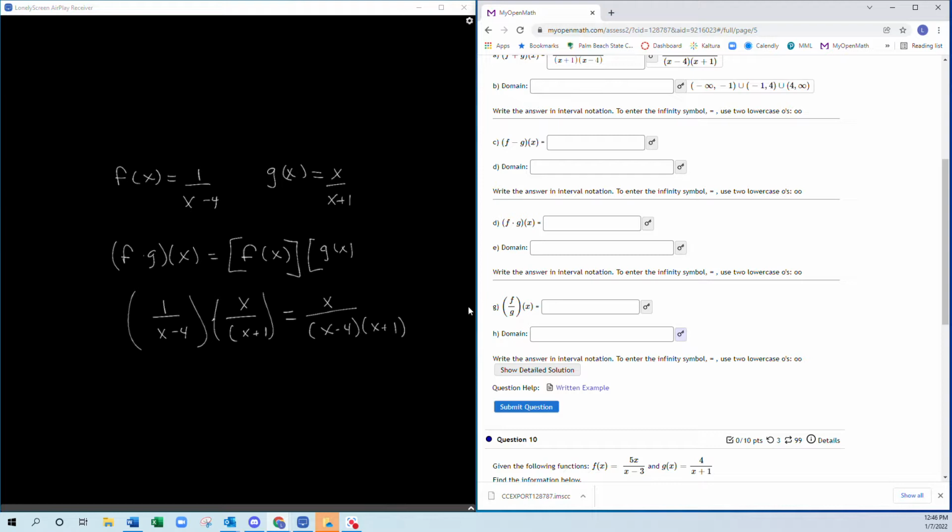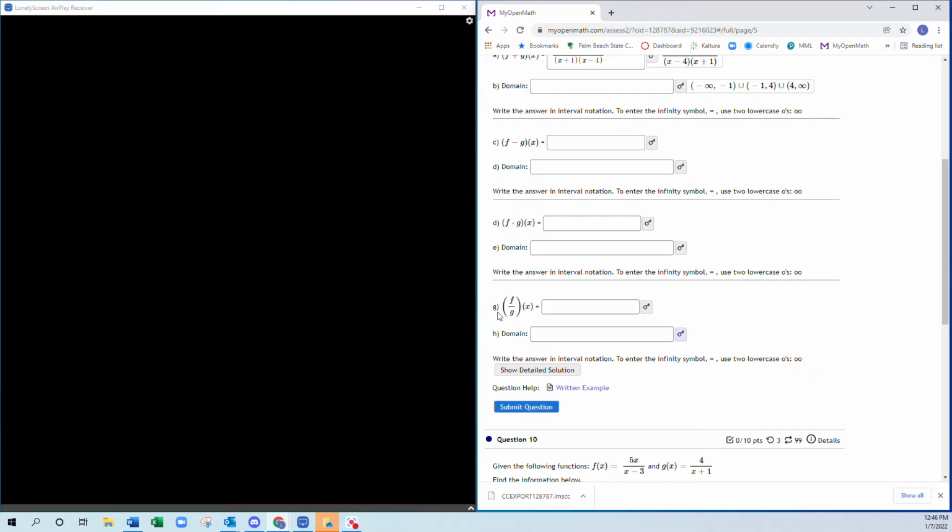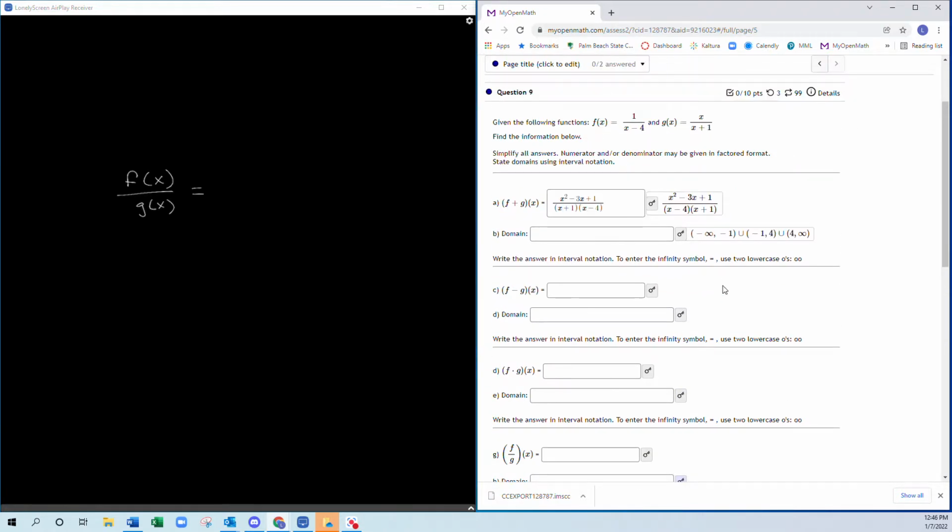Now this last one, where I'm dividing the two pieces, is something important that we have to talk about. What you're saying here is this is f of x divided by g of x. Now, f of x is, as we talked about before, 1 over x minus 4, all divided by x over x plus 1.